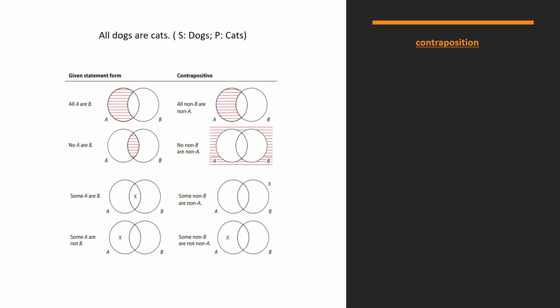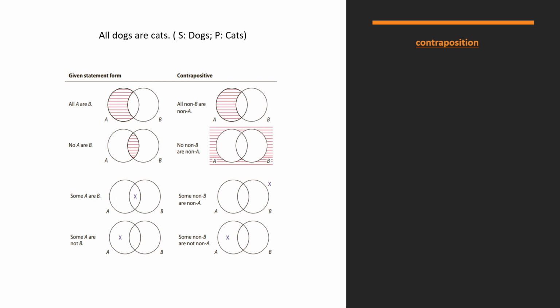So it says that the non-B's that exist are what? They refer to the non-B's that are at the same time non-A's, right? So these are it.